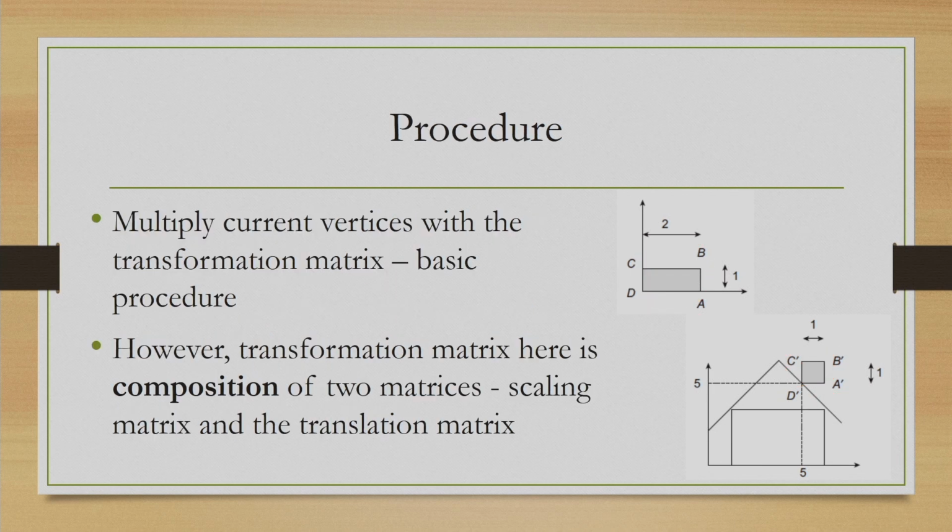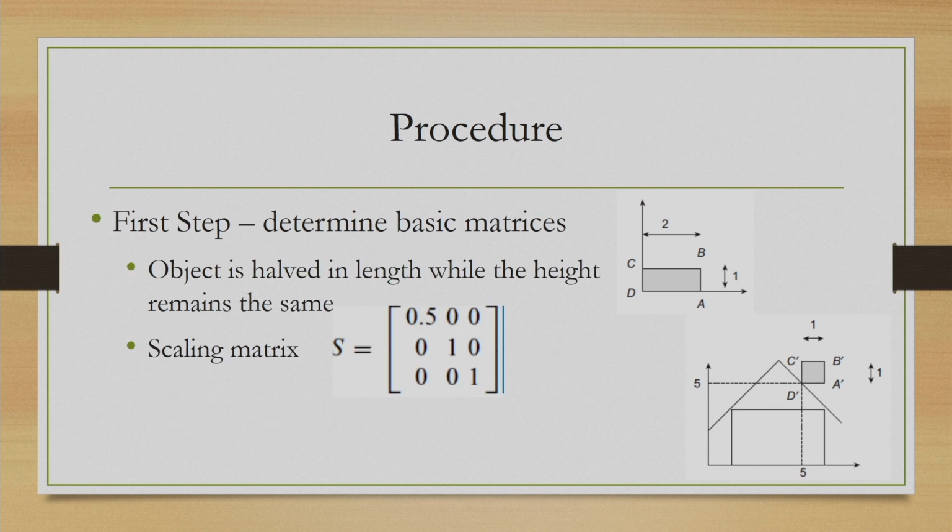What we know is that to get the new vertices, we need to multiply the current vertices with a transformation matrix. But here it is not a basic transformation matrix, it is a composition of two basic transformation matrices, and we need to perform that composition. How to combine the two matrices? Let us go step by step.